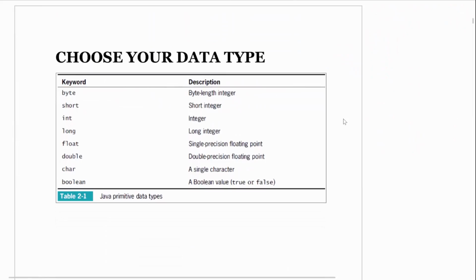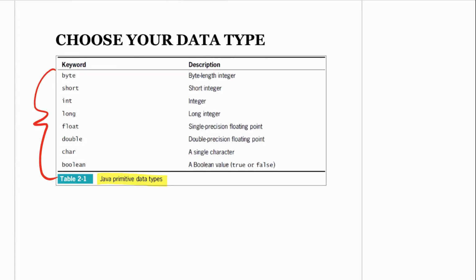So to move on, every variable has a certain data type associated with it. Depending on how long the number is that you put in your variable, whatever the value is, you have a different data type. So there's something called Java's primitive data types. All the data types that you see right here are called primitive Java data types, and they help to identify what kind of data is being held in your variable.